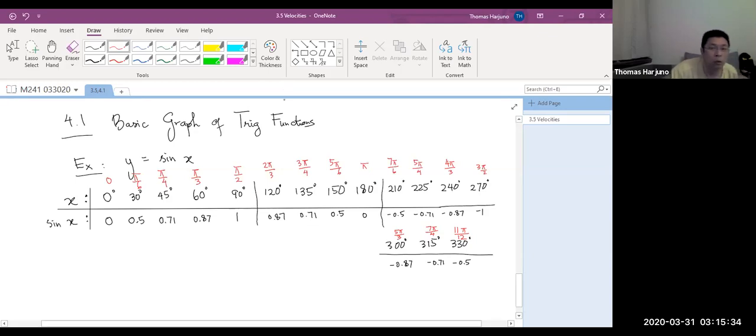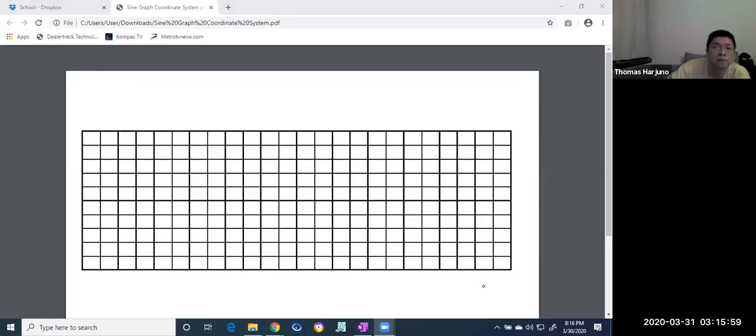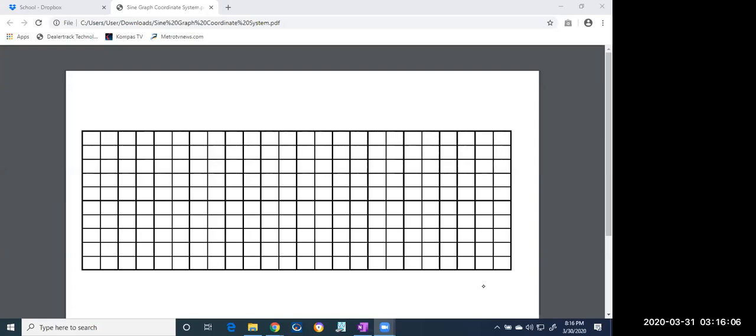Now, what I will do is plot these coordinates on a graphing paper. Let me see where I put it here. Do you see my graphing paper here? Yes. Okay.